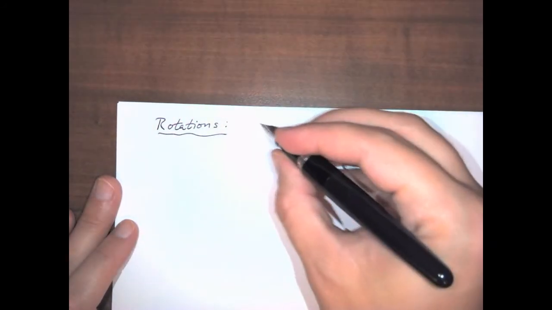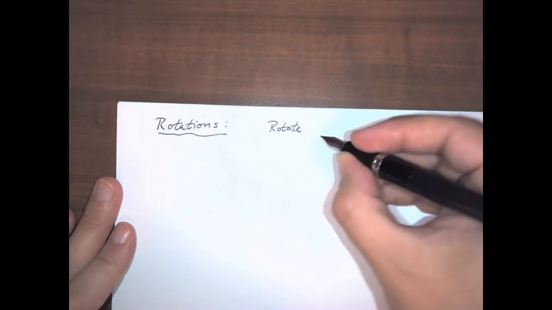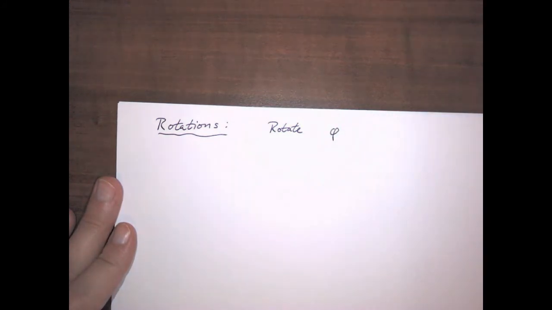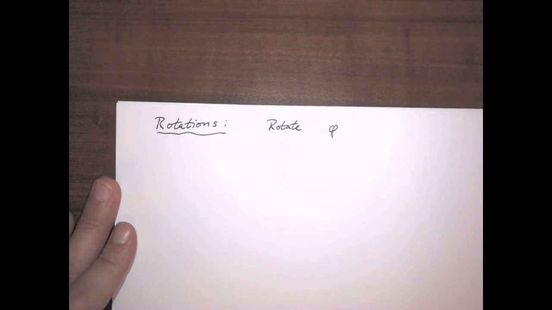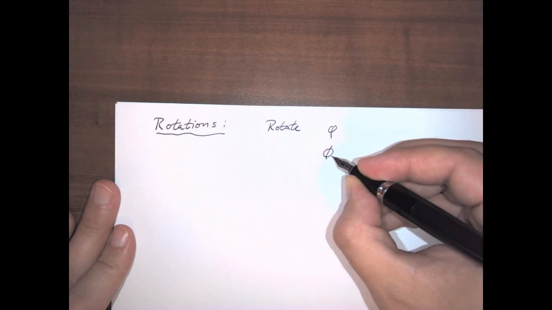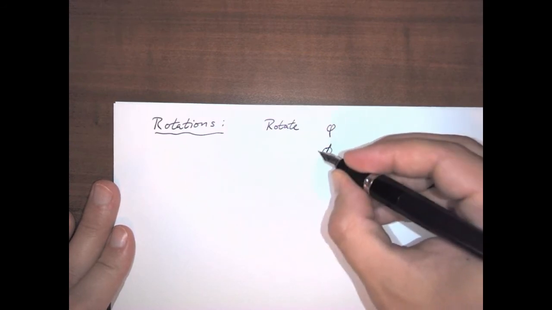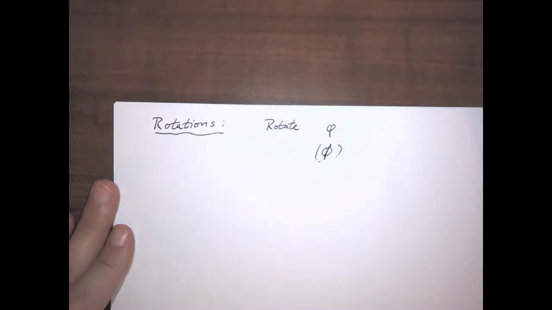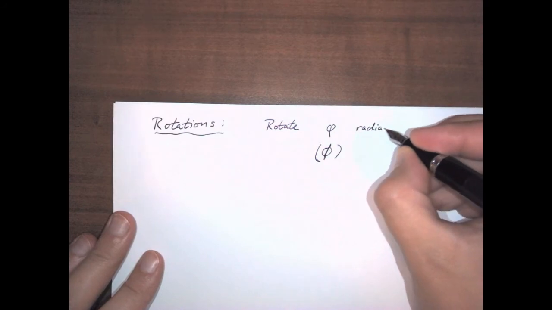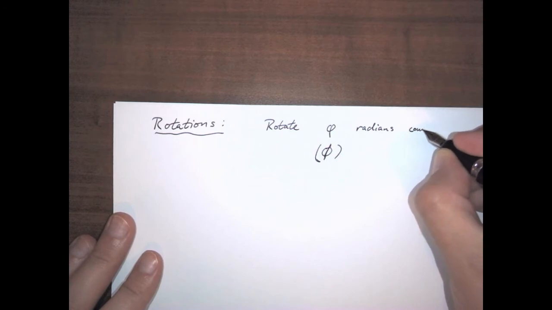So in particular, we're going to rotate, we'll say, an angle of phi. So this is the Greek letter phi, also commonly written like that. But this is a common alternate way of writing it. Rotate phi radians, and we'll go in the standard orientation, counterclockwise.